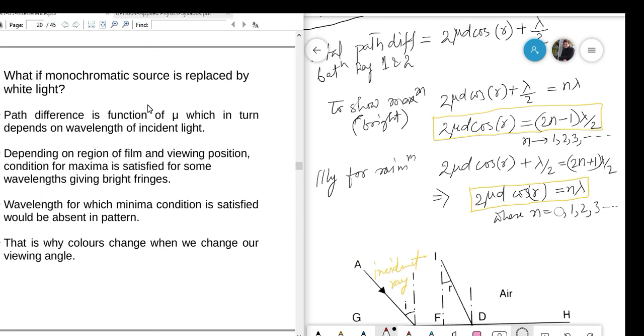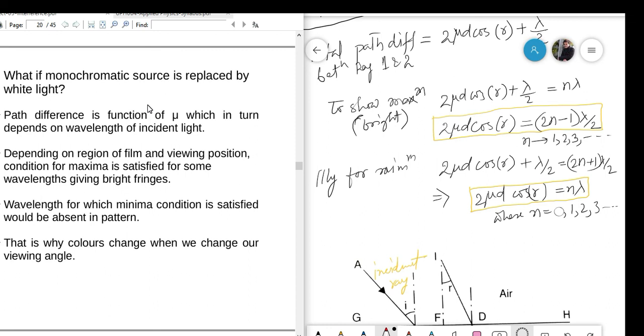And because this path difference condition, the minima and maxima condition, depends on the refraction angle, that means the incident angle in turn, if we change our viewing angle, or if we change the direction at which the light is falling on the surface, the condition will change. And that's why we will see the distribution of the color on the surface of the thin film change as we change the incident angle, or if we change our viewing angle.